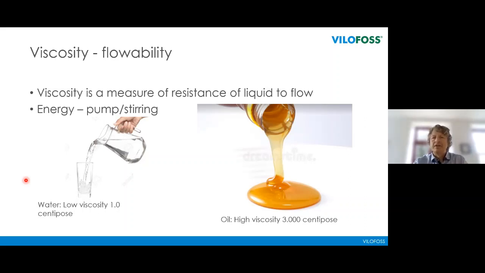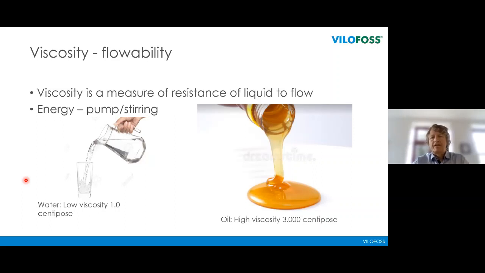On the right hand side, you see an example of a high viscosity liquid. It could be oil, it could be honey, or it could be a slurry with high viscosity. And as you see there, it takes time before the bottle empties, and even when it's coming out onto the table, it still stays together as a very creamy liquid, and it takes a long time before it actually disperses.